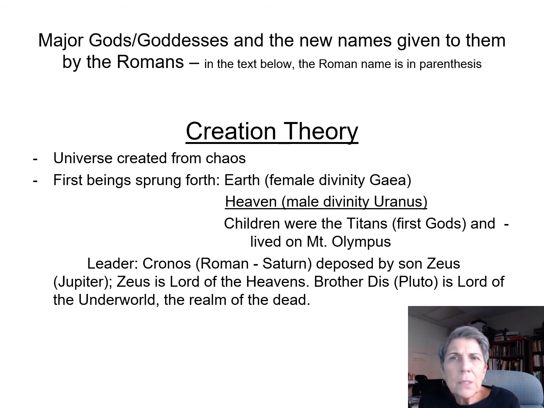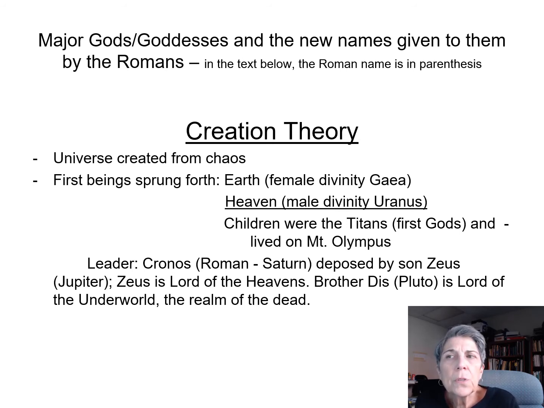So, I like to briefly reference a creation theory because everyone has one. And here is the Greek: the universe was created from chaos. And the first being sprung forth from earth, Gaia, and heaven, Uranus.